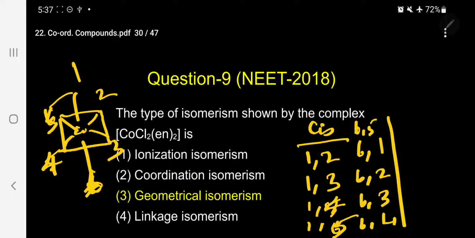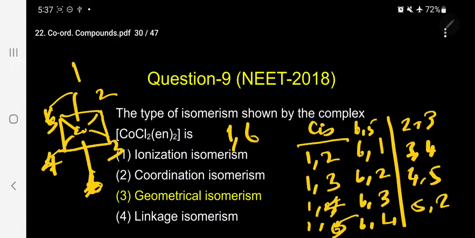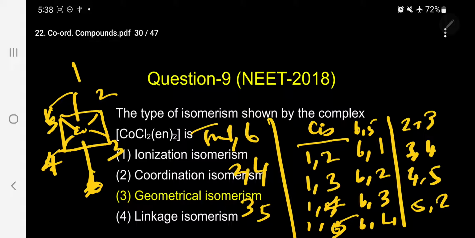And also, see here, 2, 3; 3, 4; 4, 5; and 5, 2. So totally we have 12 possibilities of cis isomerism. Only 3 possibilities of trans isomerism. What is the trans? I told you, 1, 6 opposite, then 2, 4 opposite, 3, 5 opposite. This is trans. Kindly follow.